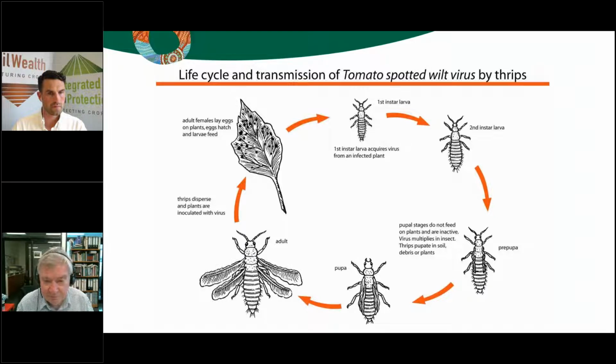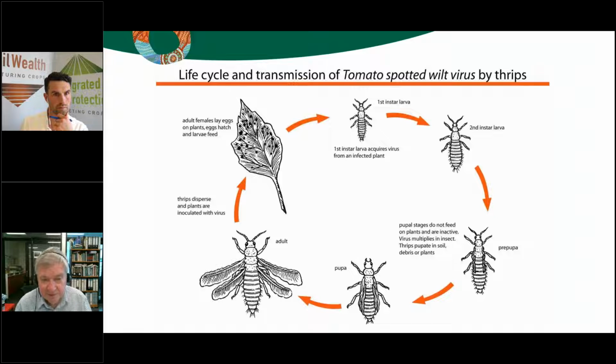Now, that thrip can actually carry virus for the remainder of its life. It probably needs to feed for maybe 15 or 20 minutes on a plant to actually infect it, but it retains the virus in the insect for the rest of its life. And the other interesting thing is if the adult feeds on an infected plant, which it will, if it's not already full of virus, it may absorb virus, but it can't actually transmit.